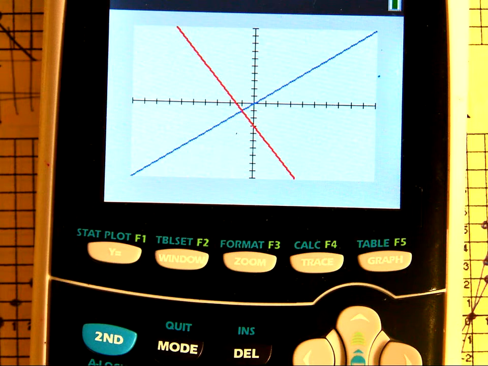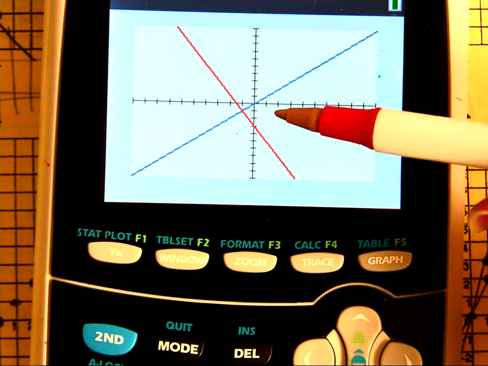I did all 3. So I flipped it. I made it a little steeper. And I shifted it down. Okay, so where is it touching the y-axis at? -3.